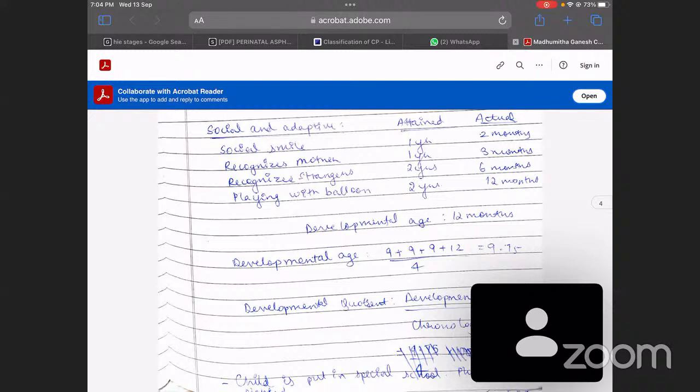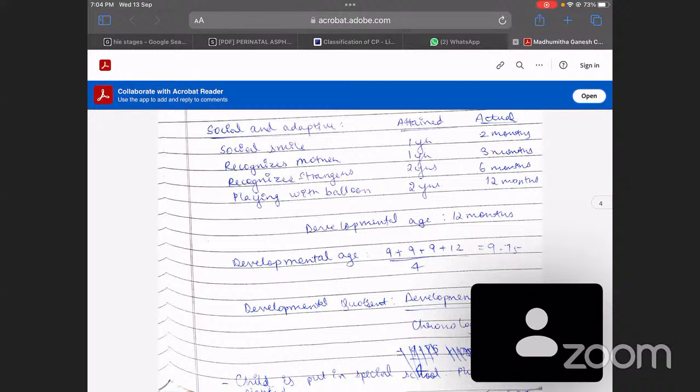What I mean to say is if the DQ is changing in each domain, for fine motor itself from one milestone to another in a significant way, it tells about the progressive nature of the neurodevelopmental problem.